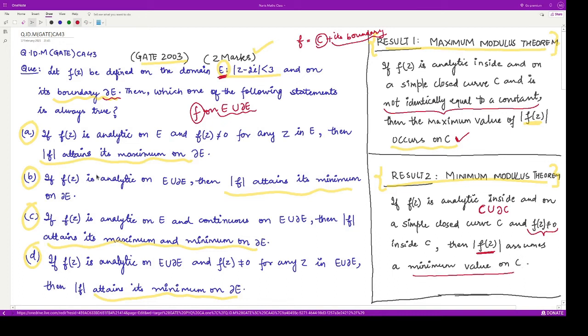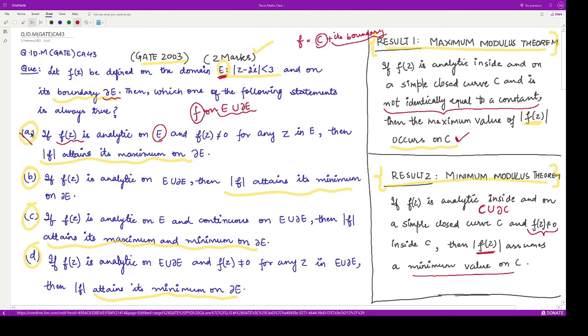For the first option they are saying our function is analytic on E and f(z) is not equal to 0 for any z in E, then the modulus of f attains its maximum on del E. Now for the maximum we should have f(z) analytic on E as well as on its boundary, but this condition is not given to us.